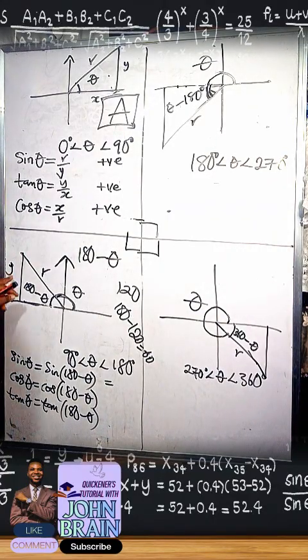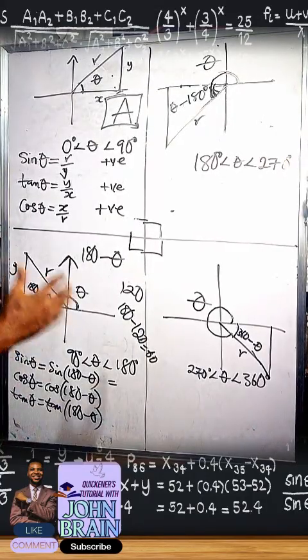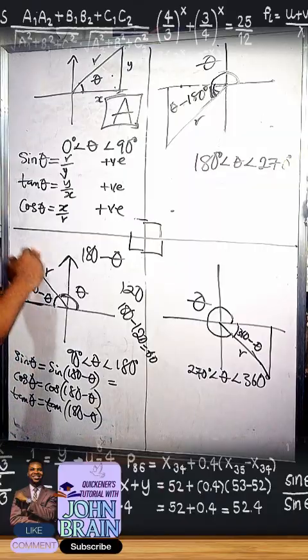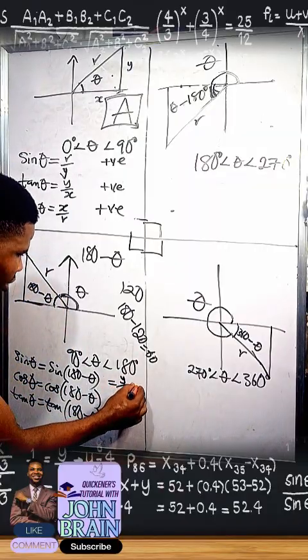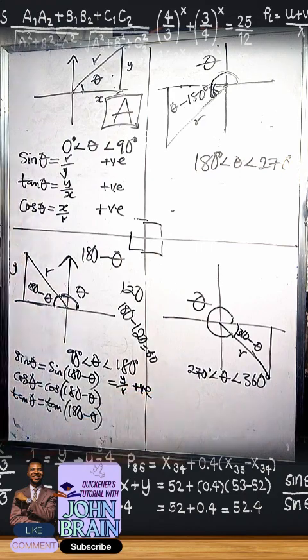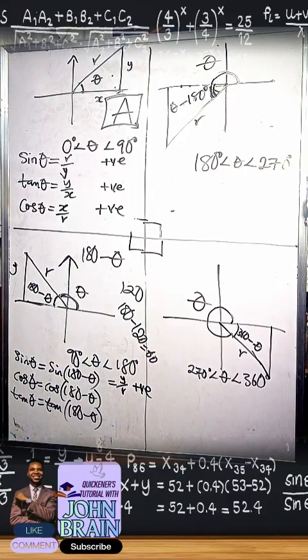When it goes up, y is positive. When it comes down, y is negative. So it's going up, this is positive y. So y over r, sin theta, opposite over hypotenuse. That is positive. There's no negative value there. Now let's do cos theta.